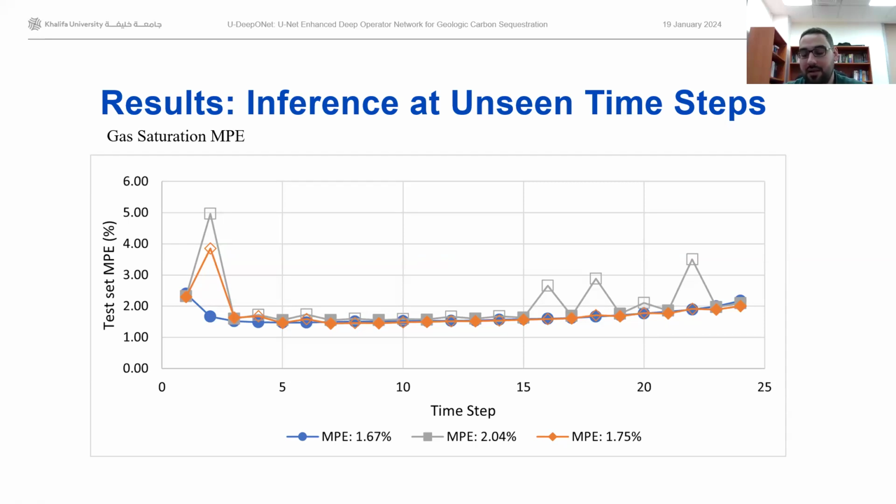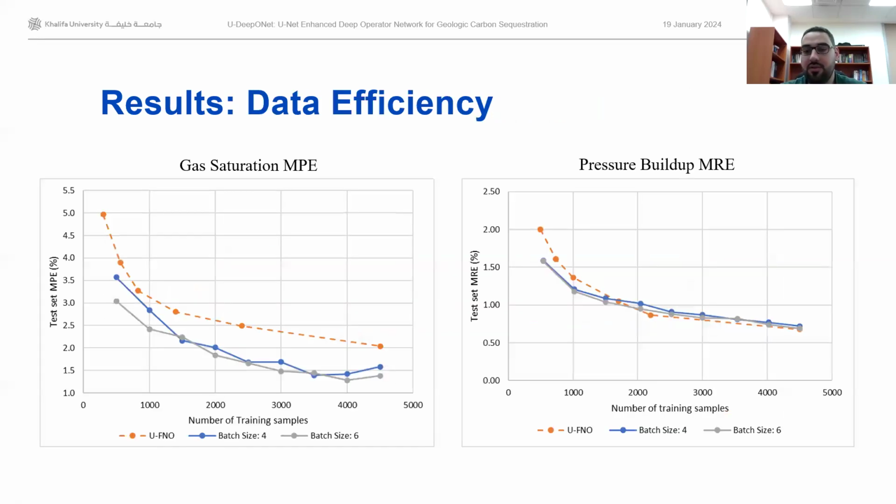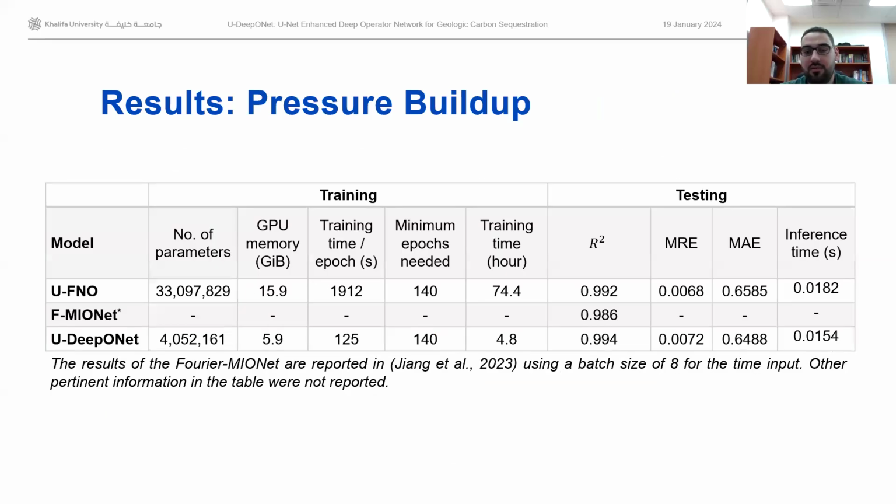You saw they did a very good job reporting the results up to the saturation model. But then, as you saw here in the pressure model, there is a lot of missing information. And the inference at unseen time steps is the section after that, and you have more and more missing information. So I just didn't want to do the comparison at all at this point.